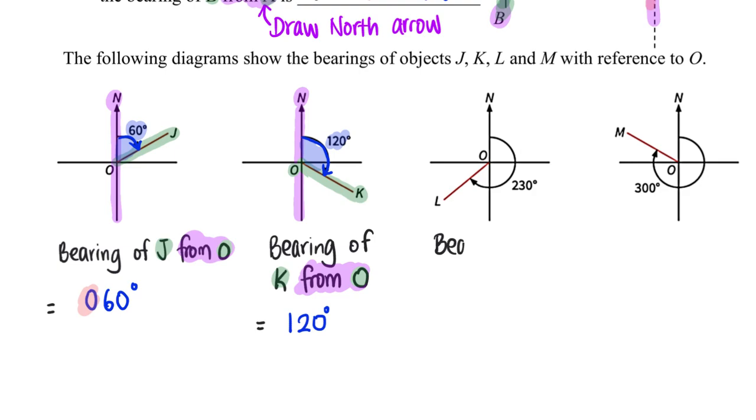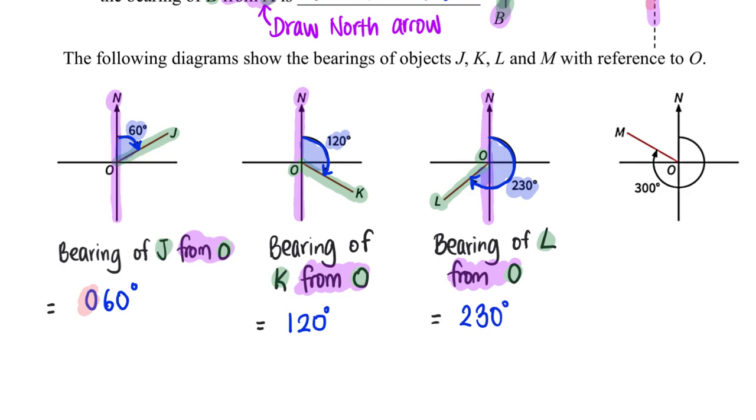Bearing of L from O. From O means that's where we draw the north arrow. L and O make the ending line. Starting from the north arrow, we draw in a clockwise direction until we reach the ending line. This angle here, in this case 230, is our bearing of L from O.